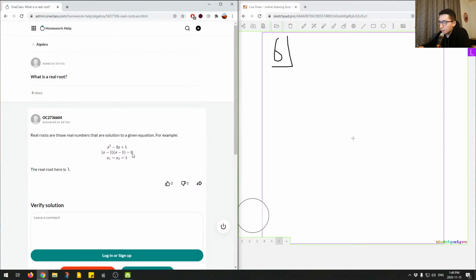So if you look at the example given, we have x squared minus 2x plus 1. Let me actually erase this. I'll write that a little clearer. x squared minus 2x plus 1. You want to factor this out to find the roots.